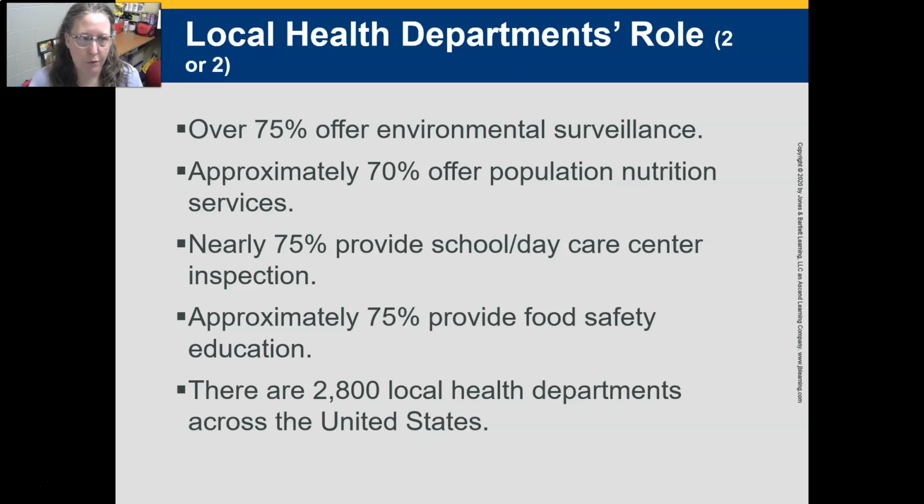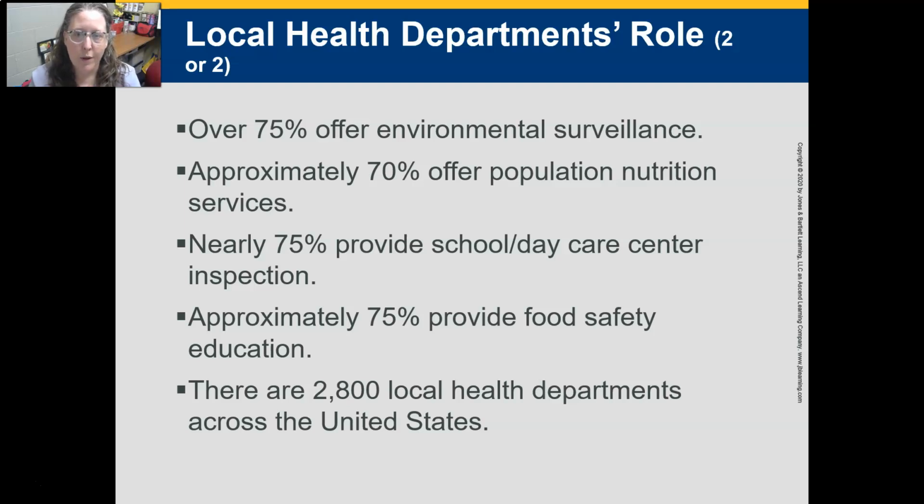Approximately 70% offer population nutrition services. These are programs like WIC, Women, Infants, and Children, where new moms can go with their babies and have access to formula, or if they're breastfeeding, to different groceries and things.